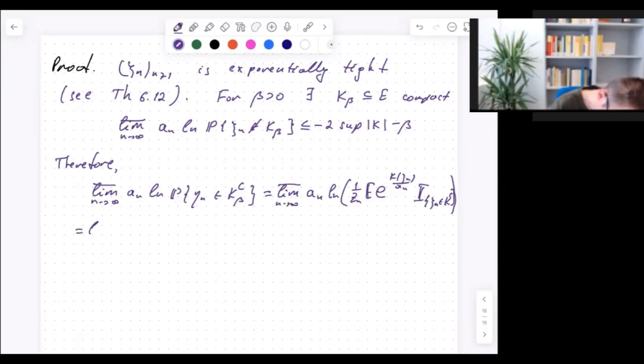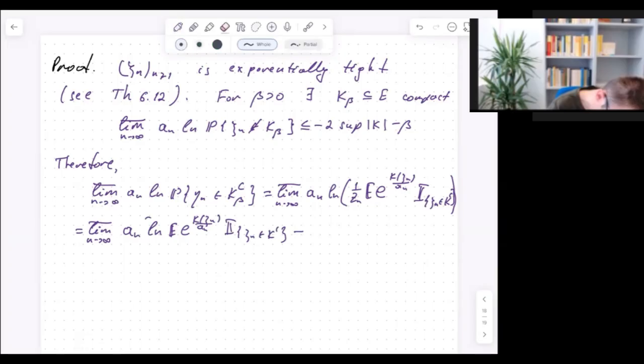So you have the limit as n goes to infinity of an logarithm of the expectation of e to the power k psi n divided by an, times the indicator of psi n belongs to K complement, minus an logarithm of just the expectation without the indicator, e to the power k psi n divided by an, because it is that.